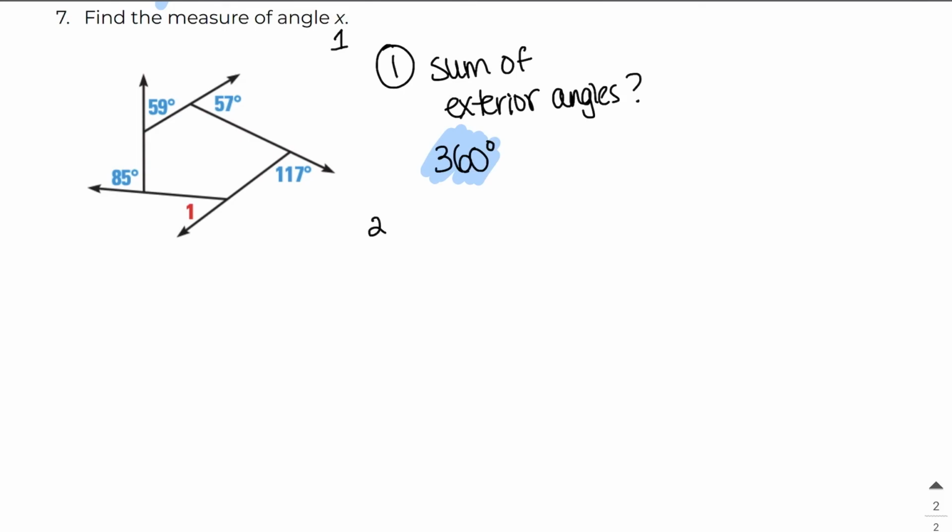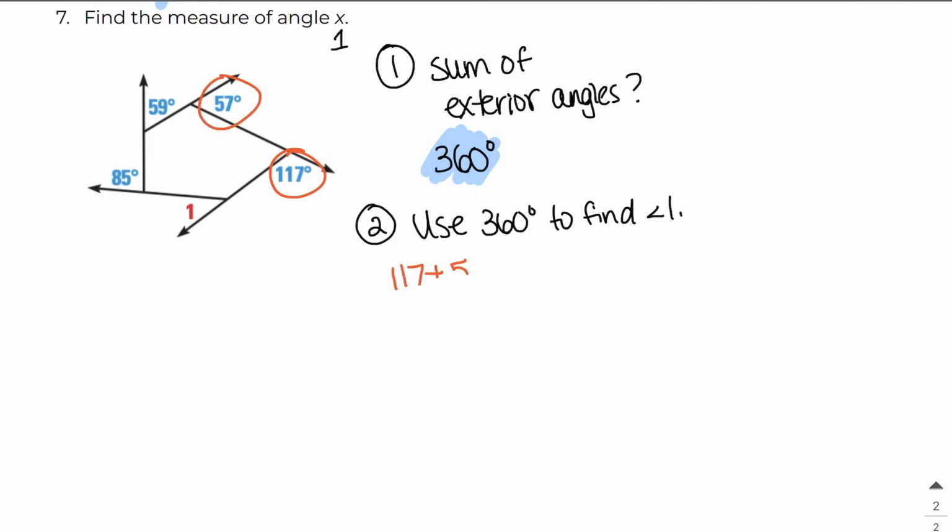And then I need to use 360 to find angle 1. Well, how do I do that? The first thing I want to do is add up all the angles that I do know. So I do know this 117, this 57, this 59, and this 85.